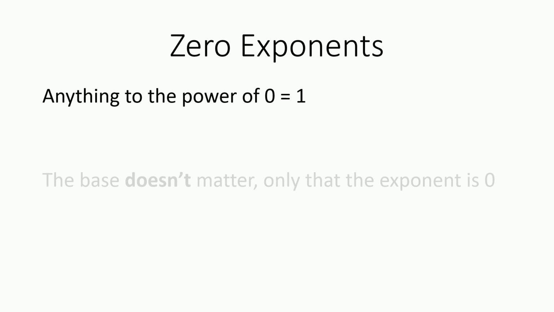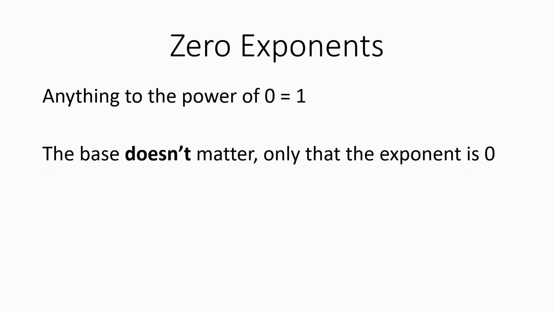Another property that we need to know about is the zero exponents property, and anything that is raised to the power of 0 is equal to 1. It doesn't matter what the base is, only that the exponent is 0. So it could be a huge base number, but if it's raised to the 0 power, it's 1.